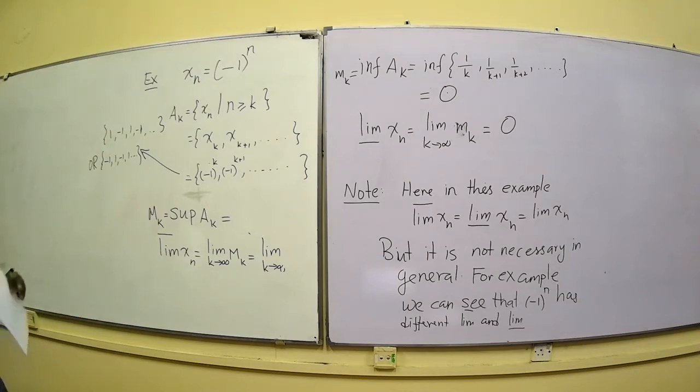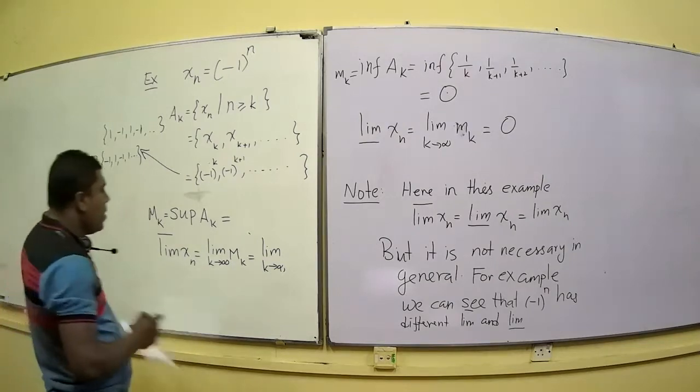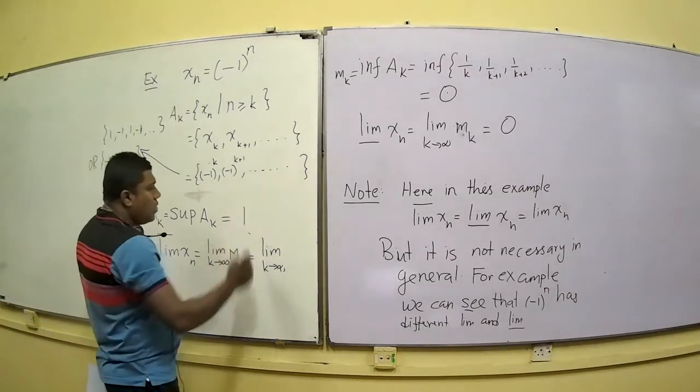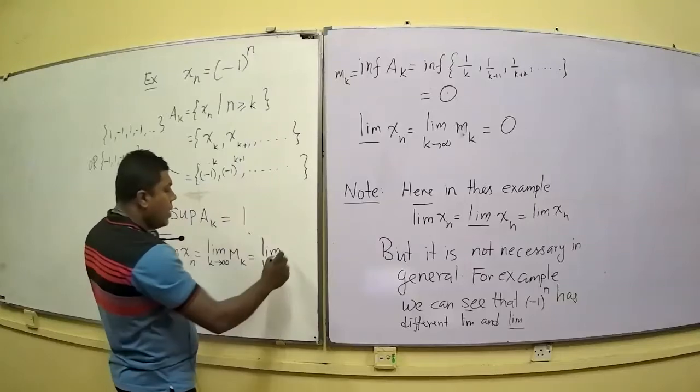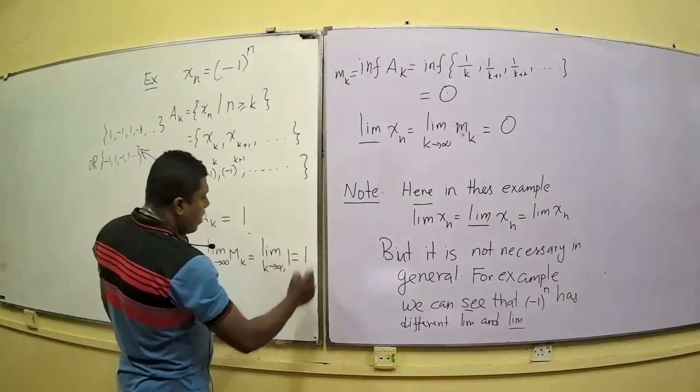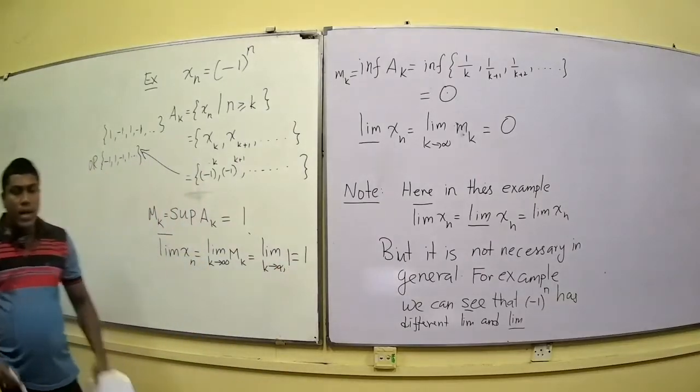So then it is easy for you to find the supremum. Here the supremum of this set is +1, so the lim sup is 1.